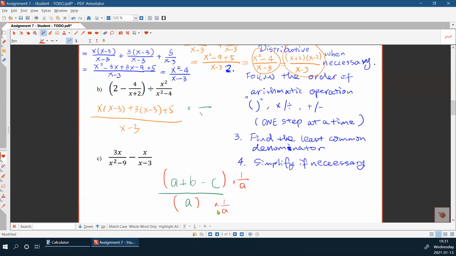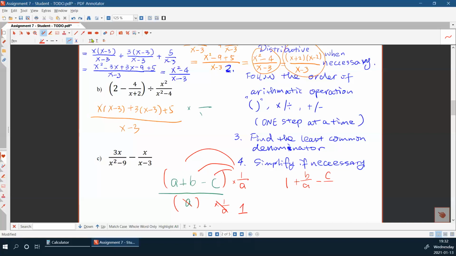In this way, only this way, you can cancel a here, and the denominator becomes 1. So what is the numerator here? It's 1. Okay, according to the distributive law, it's 1 plus b over a minus c over a, right? It's not just cancel a here.